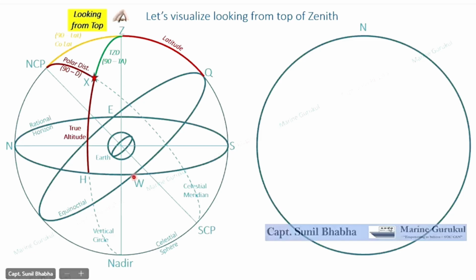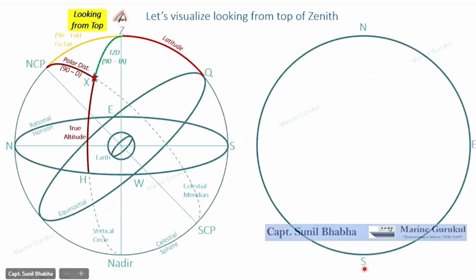We have the north point here. If you go to the right side by 90 degrees, you will reach the east point. So you see it represented by E in our diagram. And if you go exactly opposite to where the north point is, you will have the south point represented by S in our rational horizon diagram.